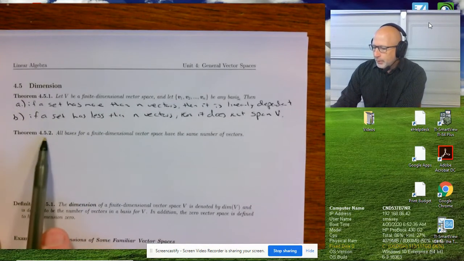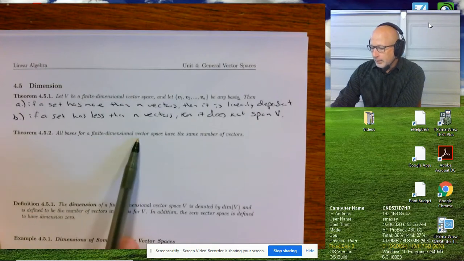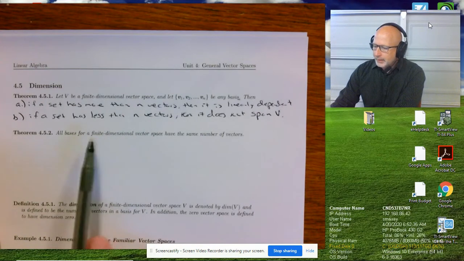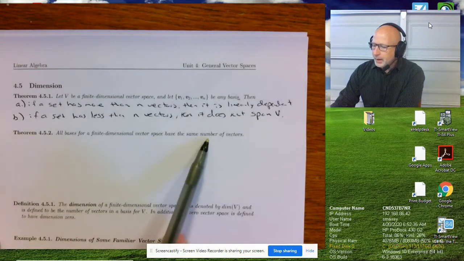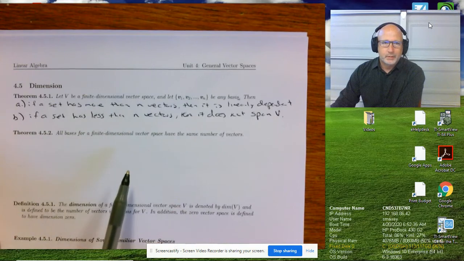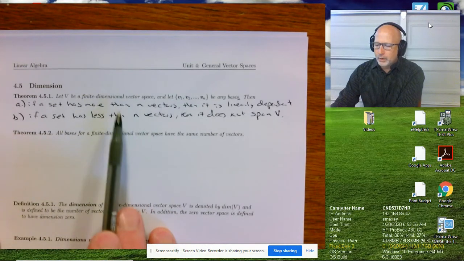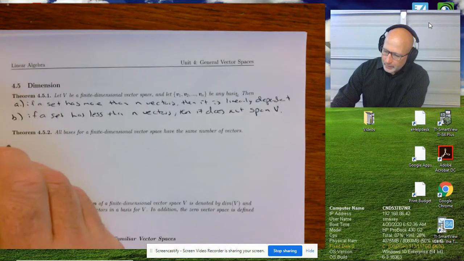So theorem 4.5.2: all bases for a finite dimensional vector space, which means it has finitely many vectors in it, have the same number of vectors. You can see how this basically sets it up. Here it says it can't have more, here it says it can't have less, so therefore it has to have exactly that. Okay, so proof.